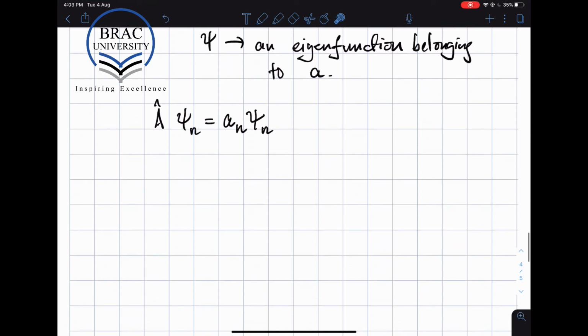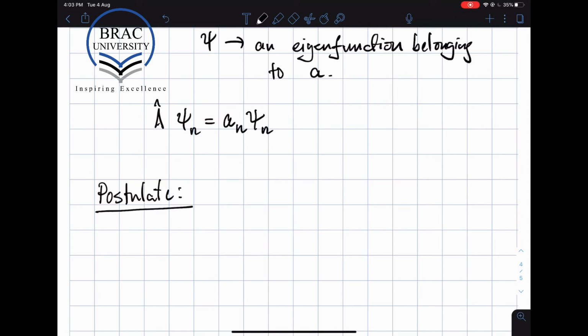So now we come to a very important postulate of quantum mechanics. And the postulate is the following. Let me make sure that we emphasize this postulate.